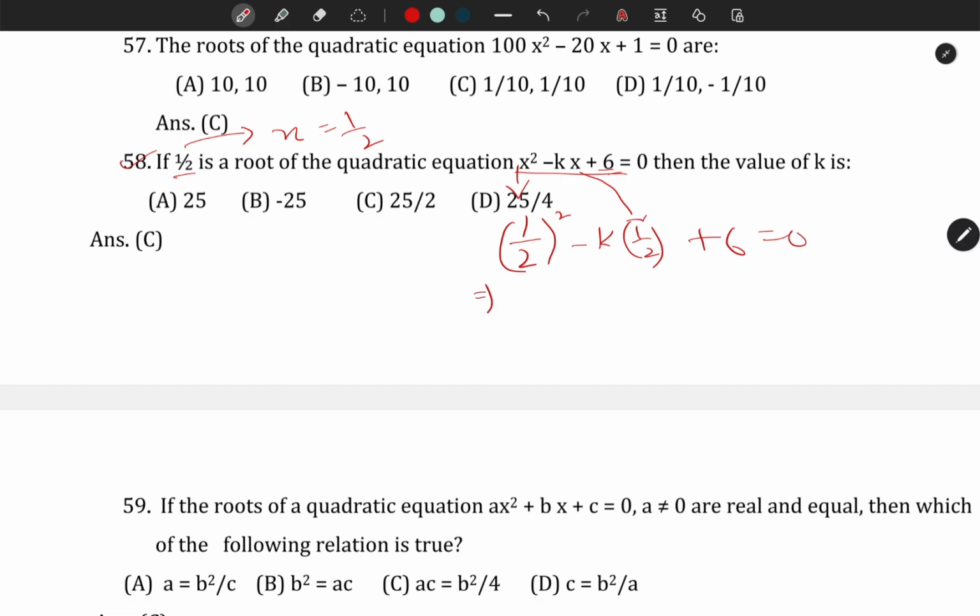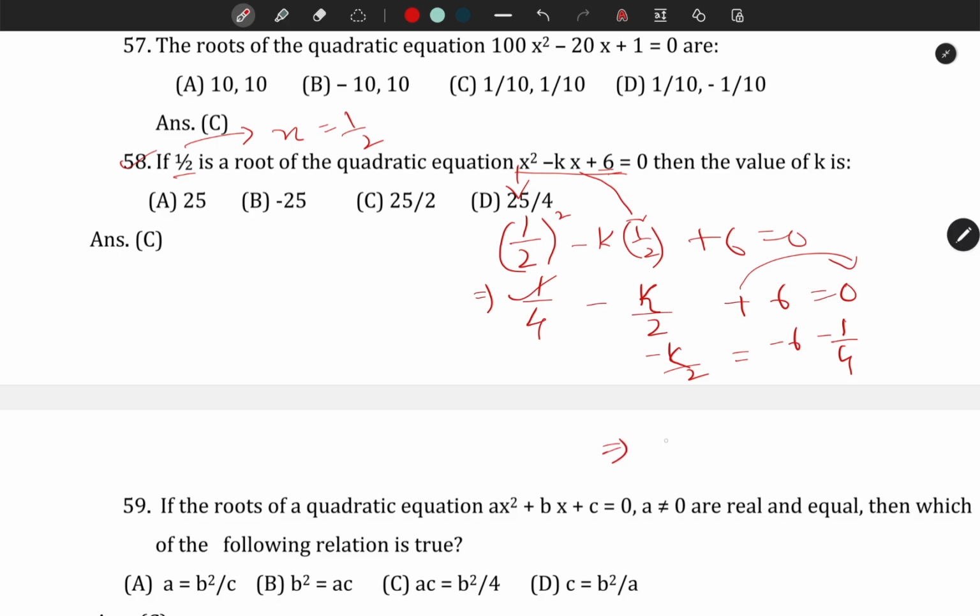If you square this, we'll get 1 by 4 minus k by 2, plus 6 equals 0. So let's leave minus k by 2 on the left hand side, equals plus 6 taken to that side becomes minus 6, plus 1 by 4 becomes minus 1 by 4.